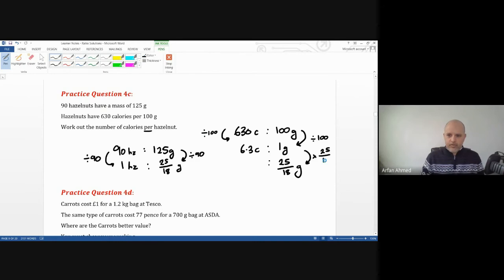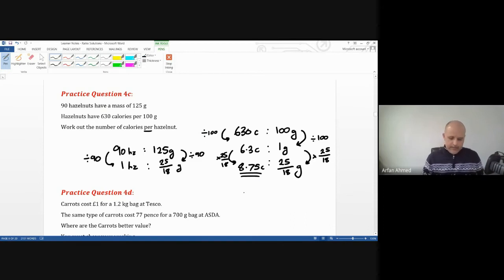So you're going to have to times this by 25/18. Let's do it as a fraction. Times 25/18. We get 8.75. Yeah, that should be your answer. So it should be 8.75 calories.